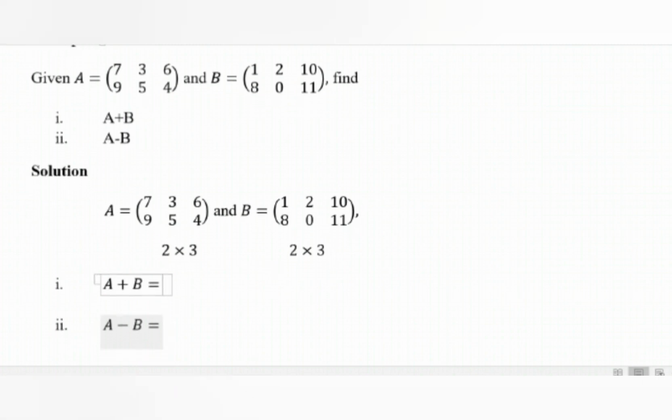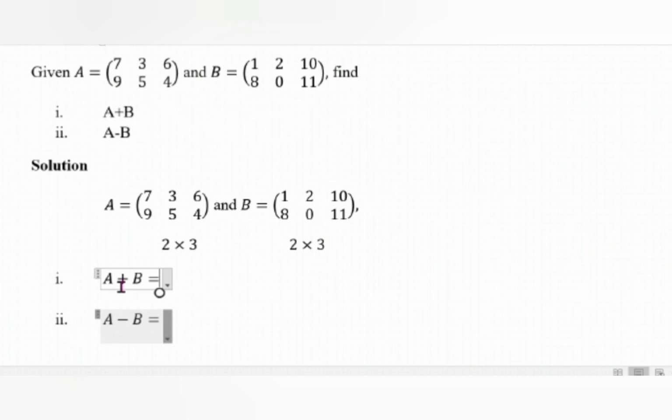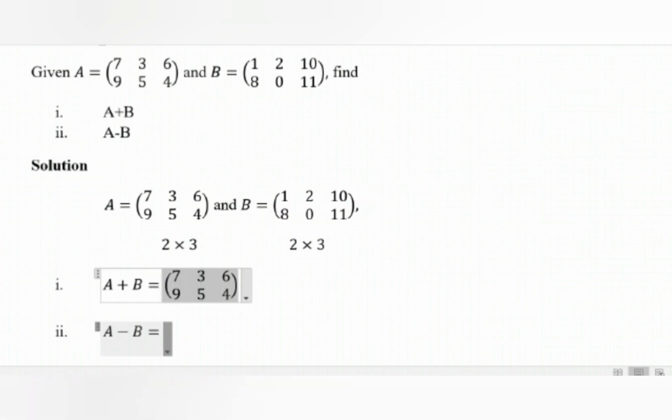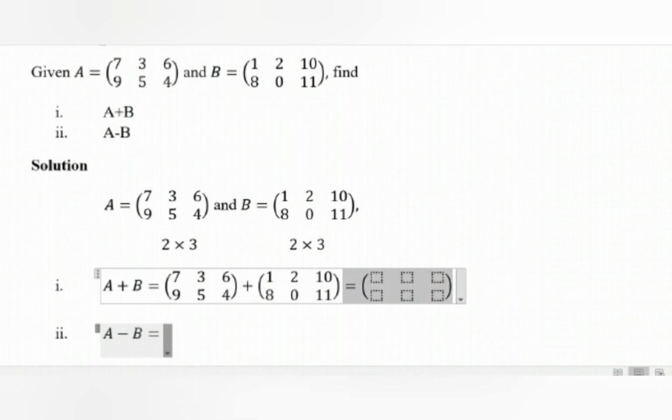Now, coming to the first one, A plus B, it simply means you write matrix A, add to it matrix B. That is our matrix A plus matrix B. Now how do we add those matrices? We take an element and then add to it a corresponding element on the other matrix.